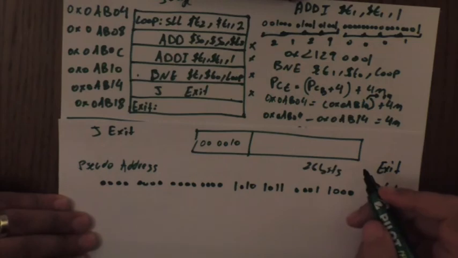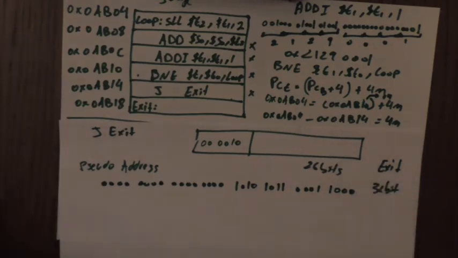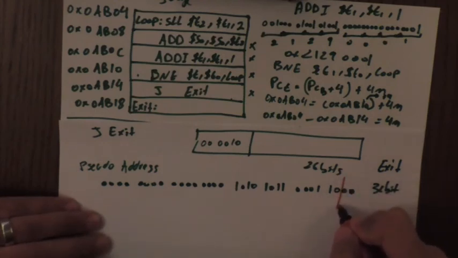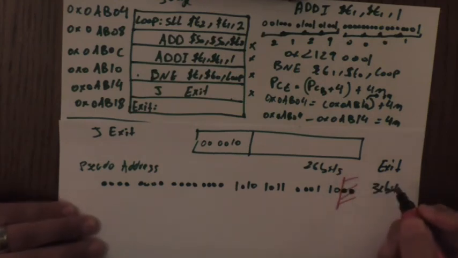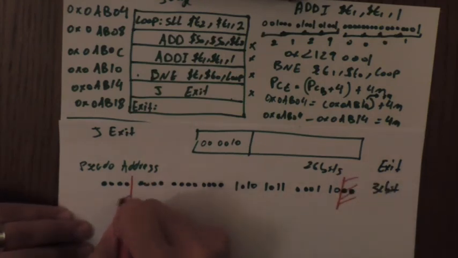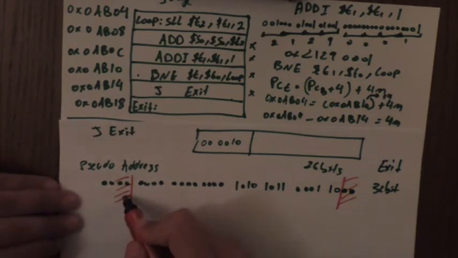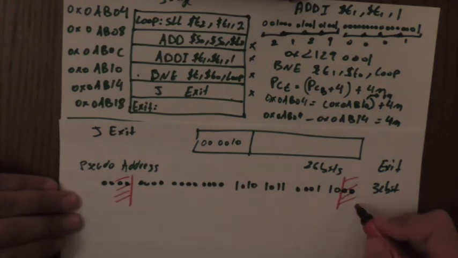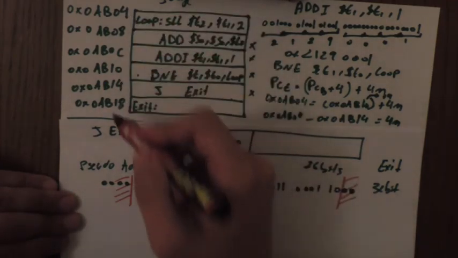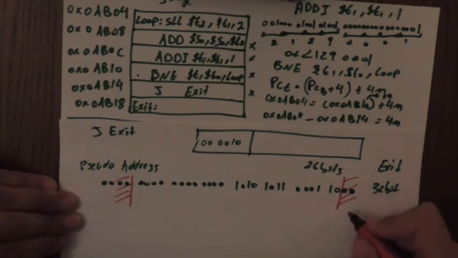Now, in order to transform this to the pseudo address, I'm going to take the last 2 bits out, and the first 4 bits, which are the 4 most significant bits. This is very easy to know because all instructions have 2 zeros at the end, as they are multiples of 4.